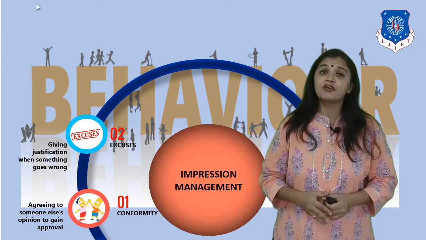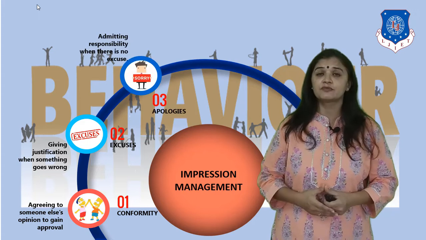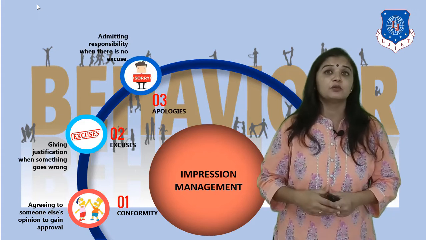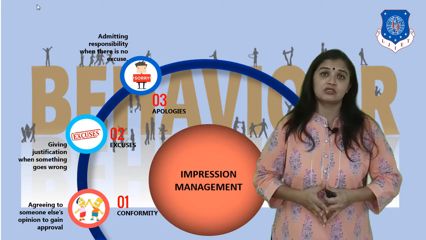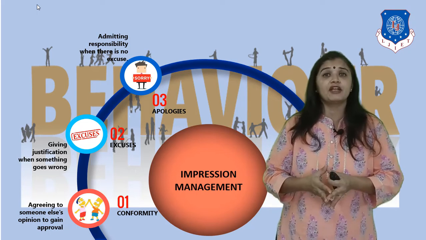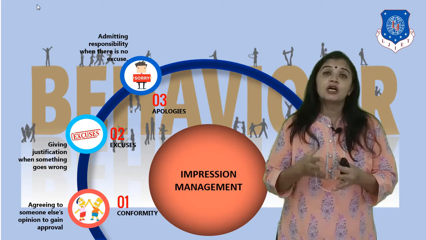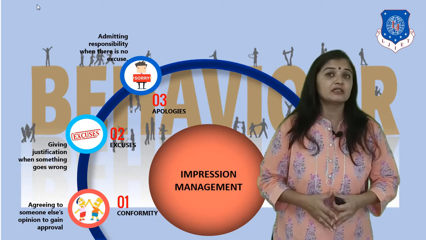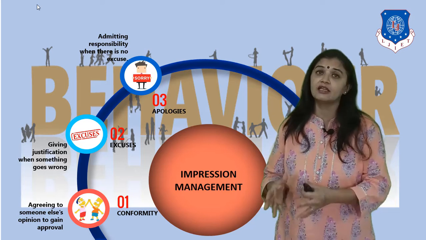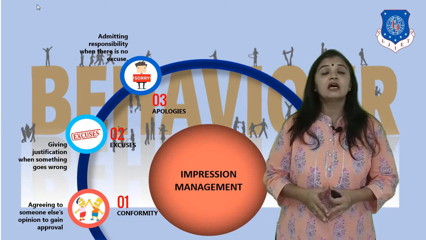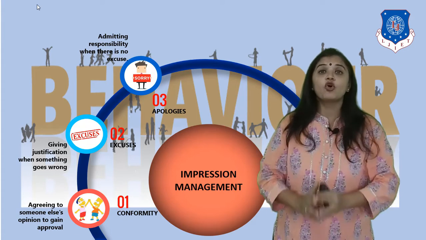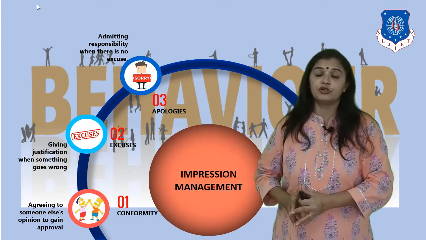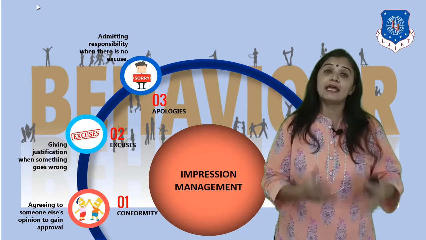But what happens when a person doesn't have any excuse? Then there is the third technique, which is called apologies. When there is no room for excuses, or when a person cannot find any reason to give for not completing a task or for not doing a certain thing in a certain way, then the person will apologize because the person wants to belong to a particular group or wants to be acceptable.